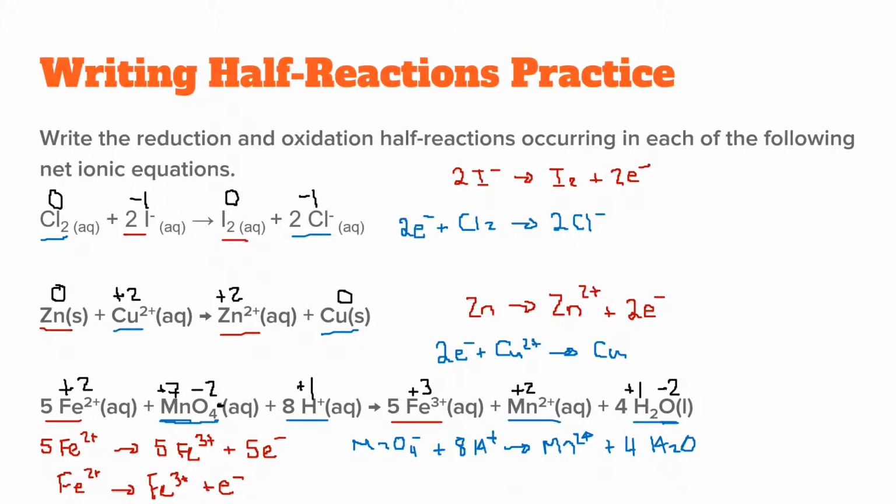Now, in terms of our charges, on the left-hand half, we have -1 and +8, so that's +7 overall, where on the other side, we only have +2. So to bring us down on the left side, the reactant side here, from +7 to +2, we need a -5. So we're going to add 5 additional electrons. And since nothing else will cancel out, that is your final reduction half reaction.